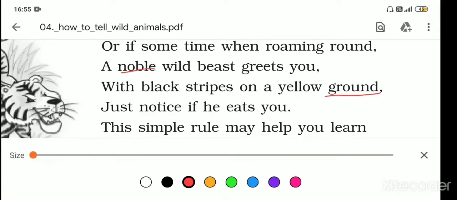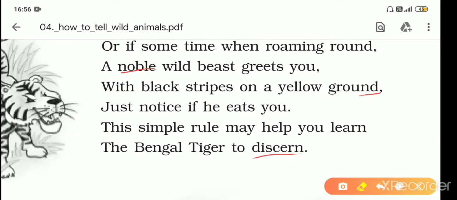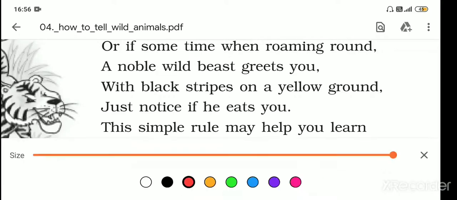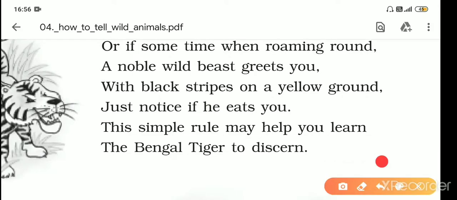So, here let us see the explanation of the lines. She explains an animal that roams in this jungle and belongs to a royal clan. The color of its skin is yellowish with black stripes. She says that if you notice that he kills you and eats you up, then it means that you have surely seen a Bengal tiger.